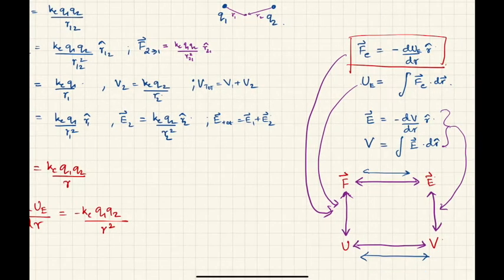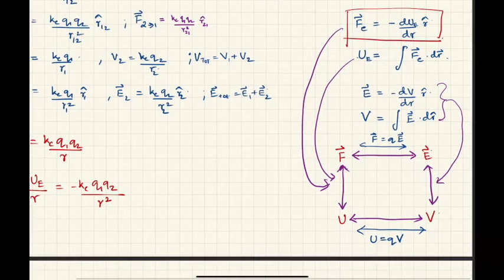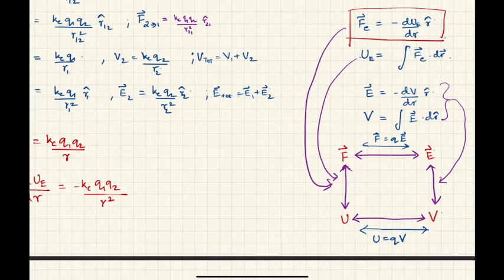So very naively, we can just write down that the force and electric field are related simply by the force vector being given by charge multiplied by the electric field, and the potential energy is given by charge multiplied by the potential. So that completes our square of relations.